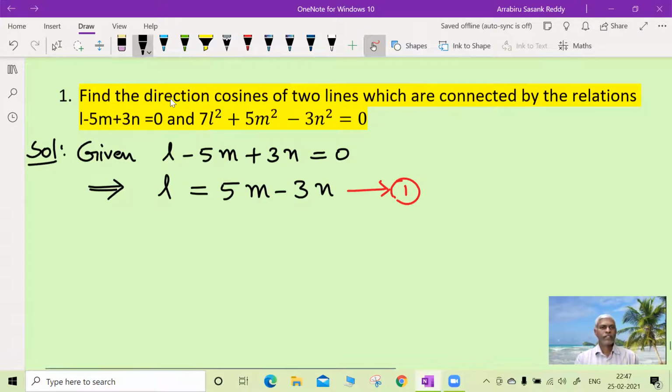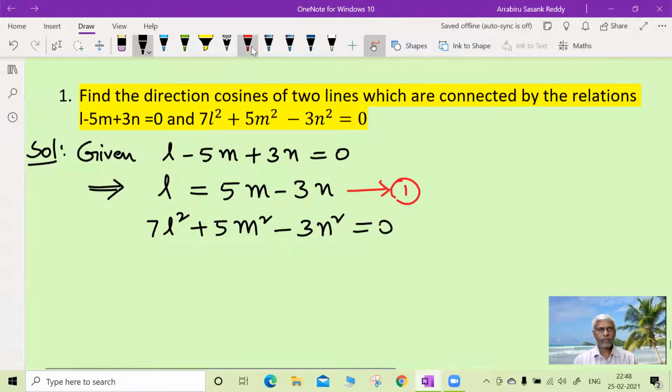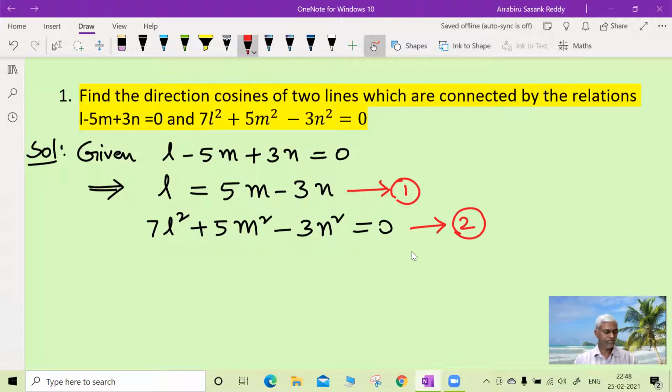And the second equation, 7l square plus 5m square minus 3n square is equal to 0. Call it equation 2.